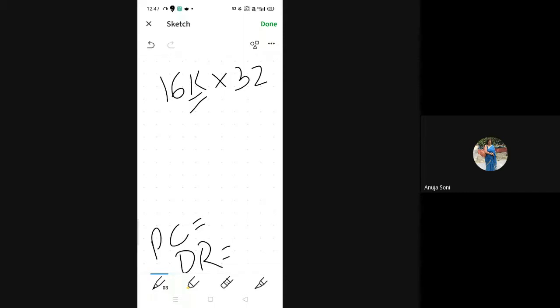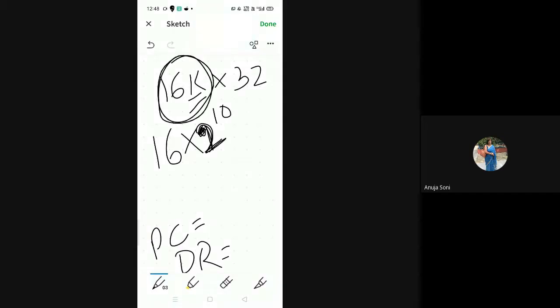So first we will convert this into 16 into 2 to the power 10. This whole quantity has to be converted in terms of 2 raised to the power something.